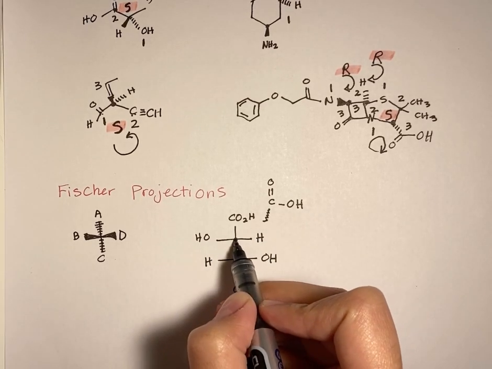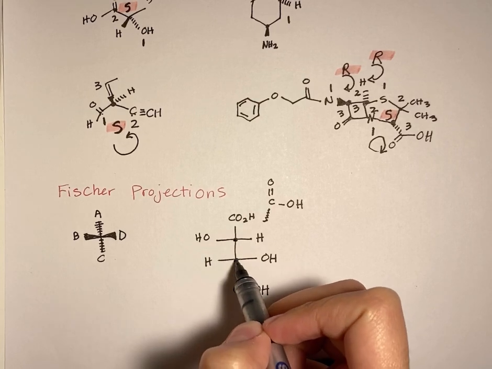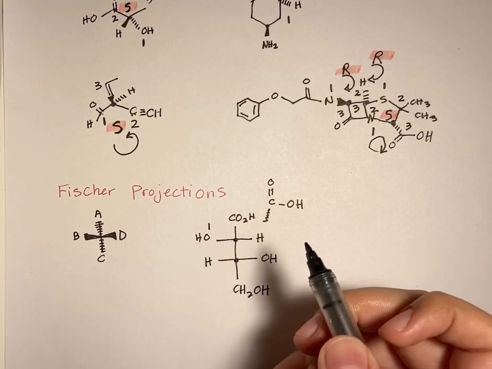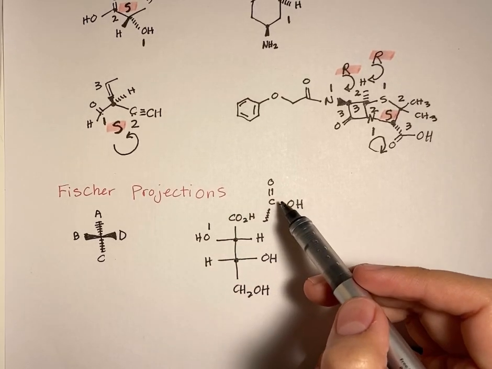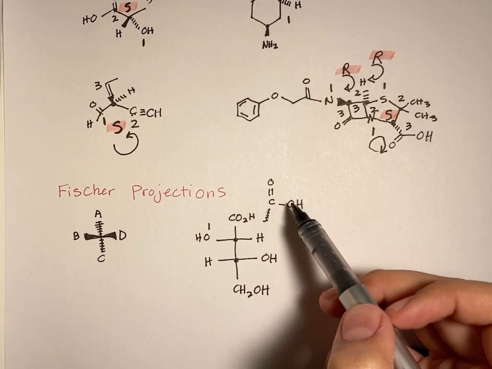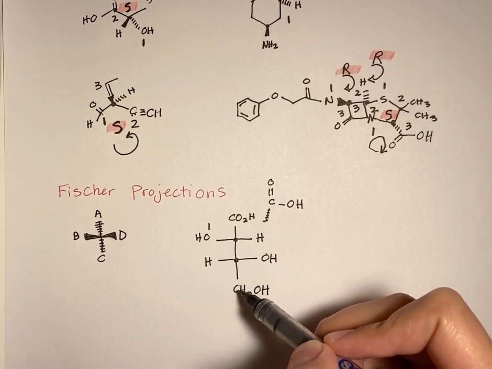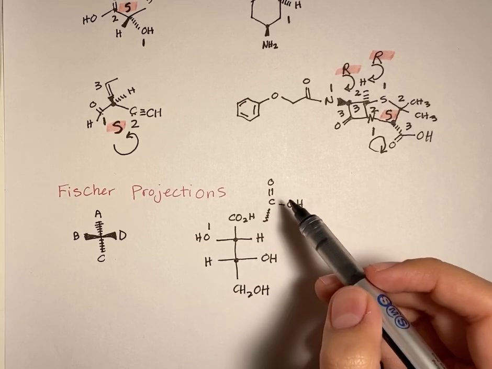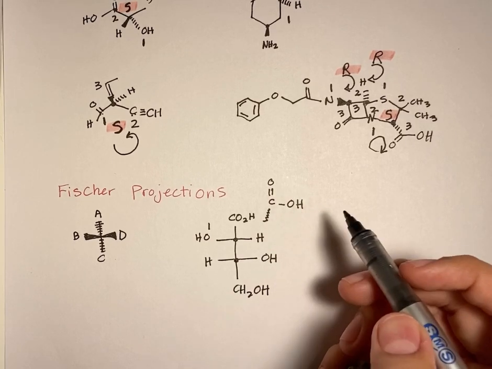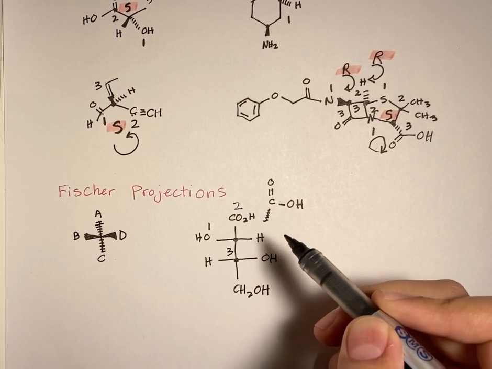Assigning R and S to the one on top, we have oxygen versus carbon, so oxygen is the first priority. Between these two carbons, here you have carbon attached to oxygen, double bonded to another O. Here you have oxygen, then it's attached to another carbon. So since we have two oxygens here that have a higher priority number, we're going to assign this the second priority, then the third one is here on the bottom.